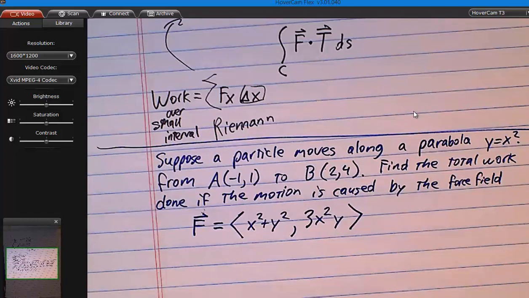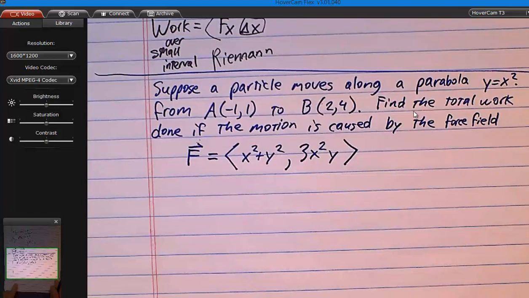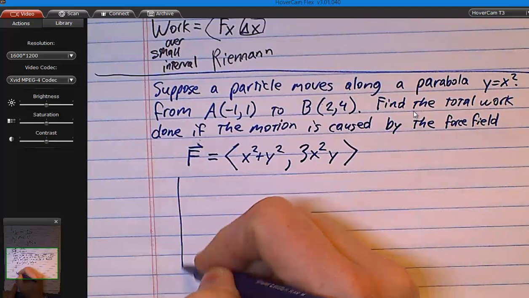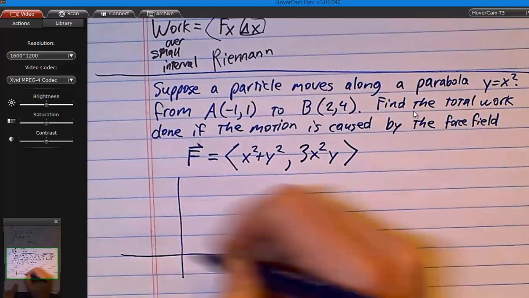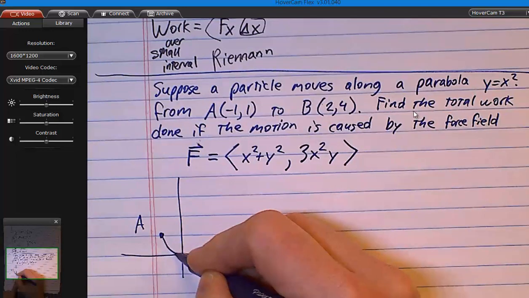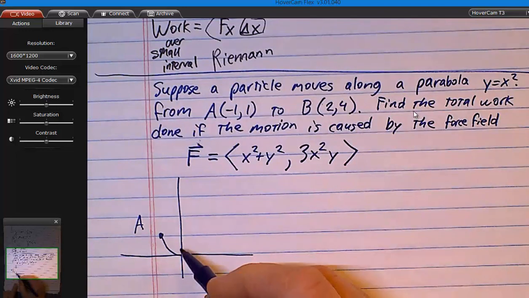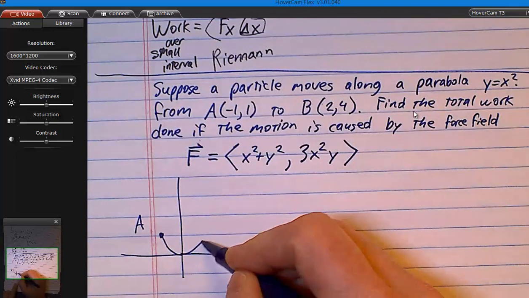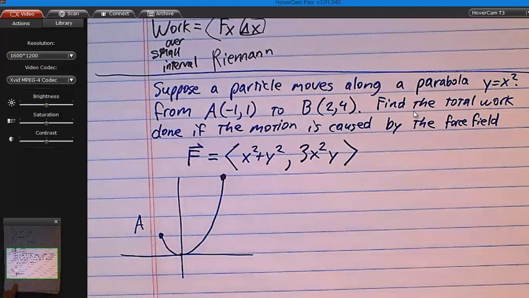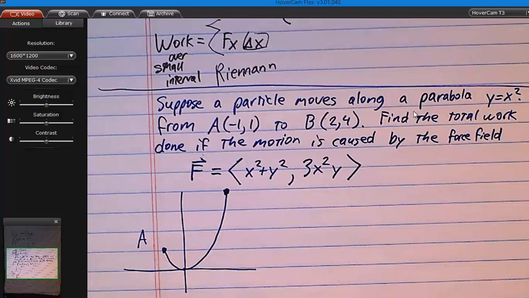So, well, I guess we can at least say a little bit. Let's draw a picture. Pictures help. So I tell you what, I know how to draw a parabola. From point A, negative 1, 1, it goes down to 0, 0, and then it goes up to 2, 4. So picture a parabolic roller coaster at Cedar Point.